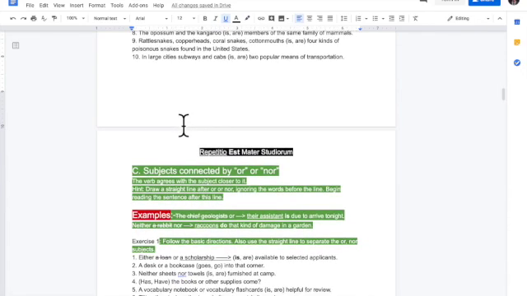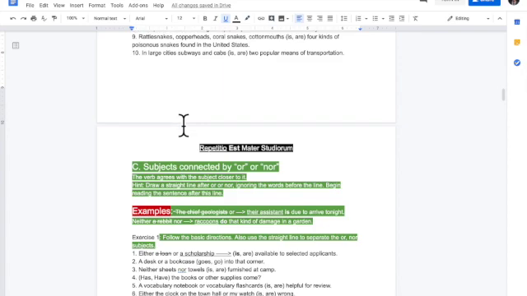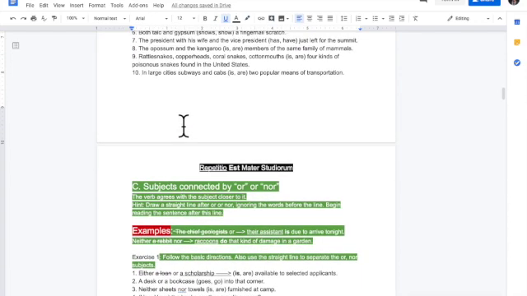Rattlesnakes, copperheads. Now, okay, now this is good. Now, rattlesnakes, coral snakes. If I were writing this sentence, I would end with cottonmouths are.